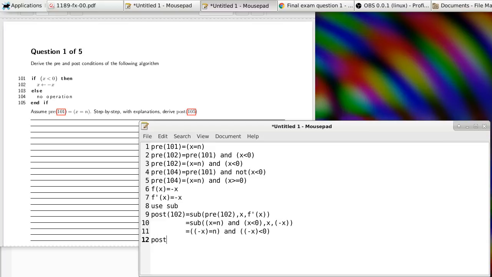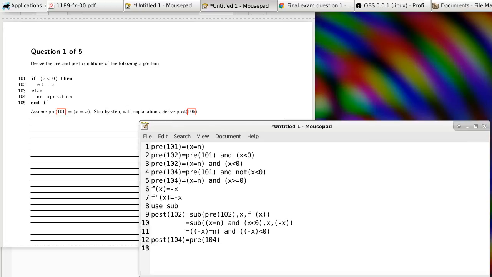The post condition of the else branch is easy because the post condition of 104 is really the same thing as the precondition of line 104, because that particular line, which says no operation, doesn't do anything. So the post condition is the same as the precondition.